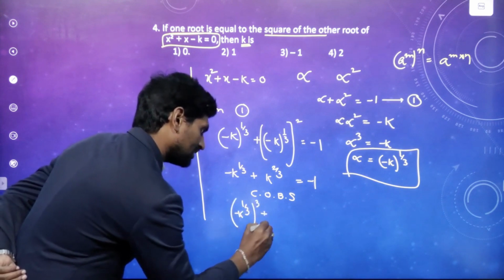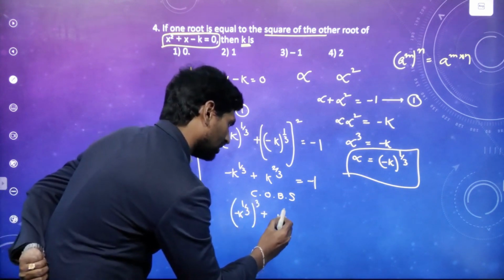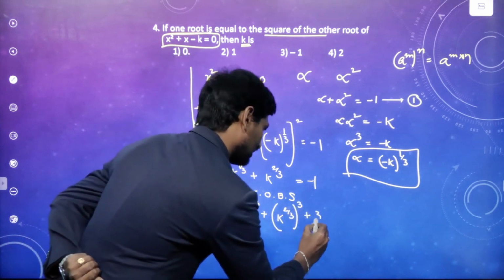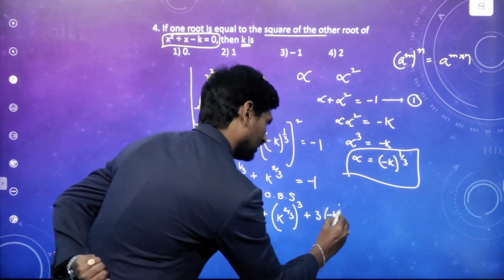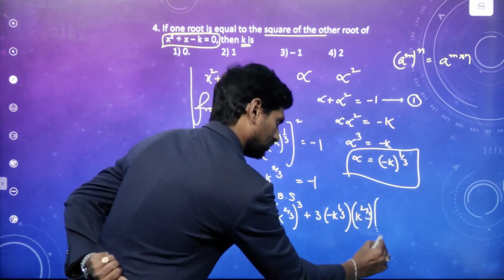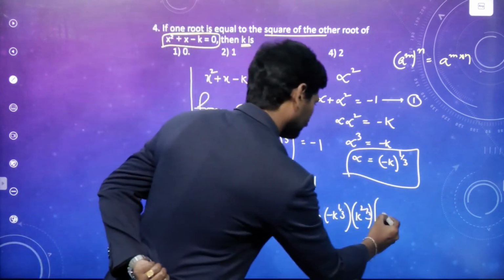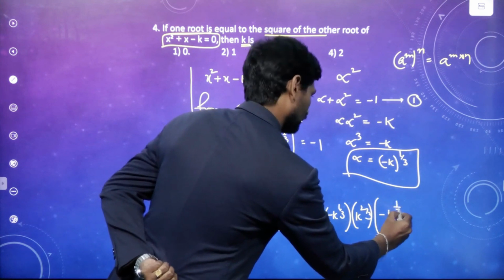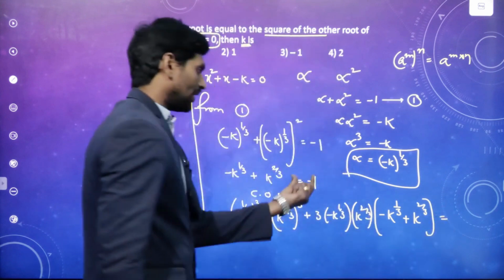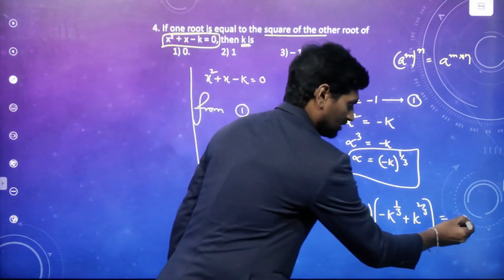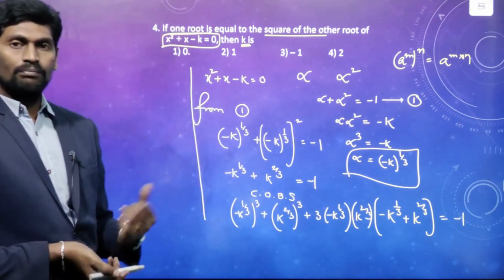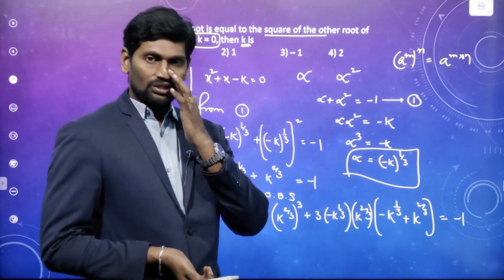I am directly writing the formula: a cube plus b cube plus 3ab into (a plus b) equal to (minus 1) whole cube, which is minus 1 only. Minus 1 whole cube means minus 1 into minus 1 into minus 1, three times. Minus into minus is plus, plus into minus is minus. Okay?